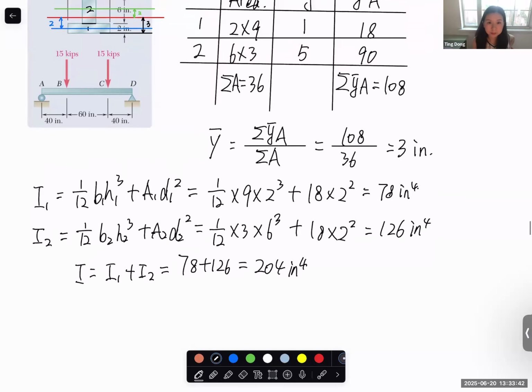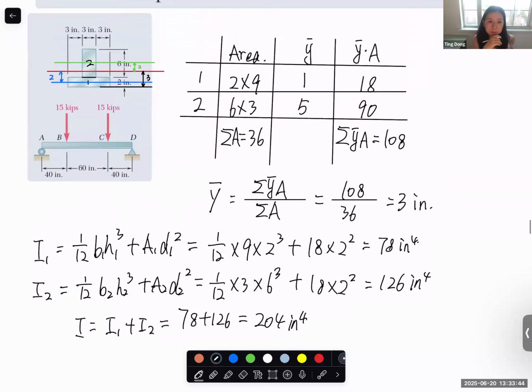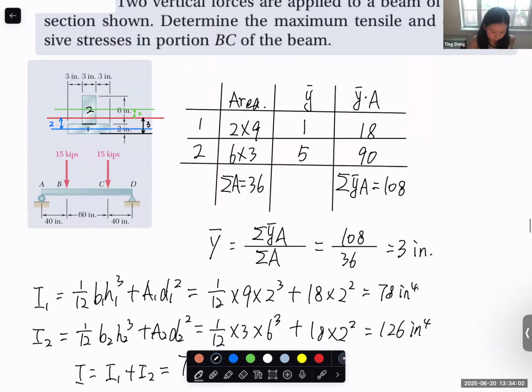Any questions so far? How do we calculate the maximum tensile stress and the maximum compressive stress?